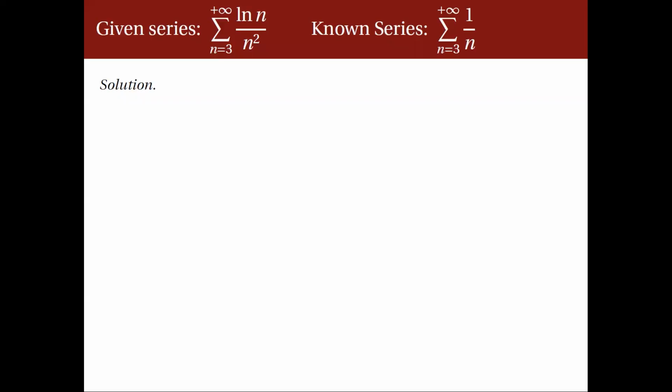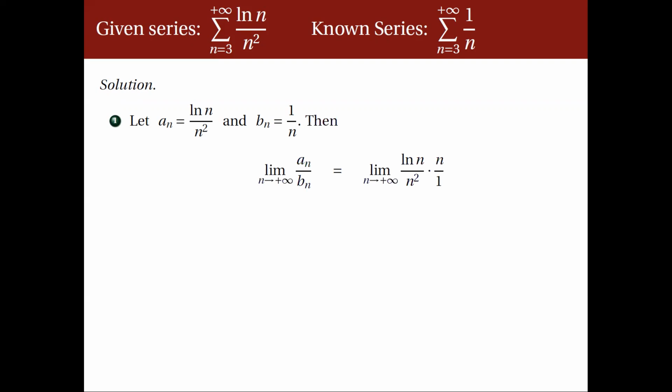Again, for number 1, dahil harmonic series ang series for comparison, we let a sub n to be ln n over n squared and b sub n to be 1 over n. Kaya ang limit ng a sub n over b sub n as n goes to infinity ay equal lang sa limit ng ln n over n. Again, this is of the form infinity over infinity. Kaya isusulat muna natin as a limit of a real number x going to infinity.